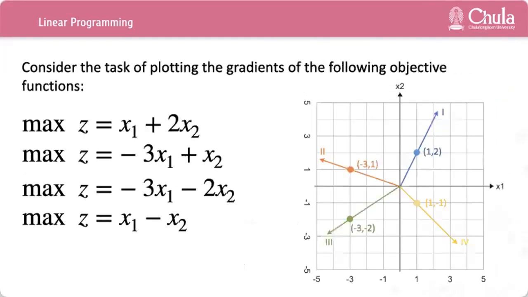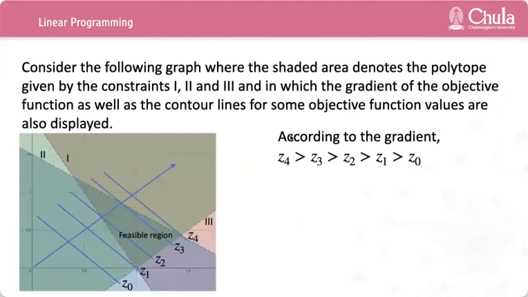So what we do is first identify the feasible region. Once we know the feasible region and the gradient of the objective function, we can identify the maximum point or minimum point.